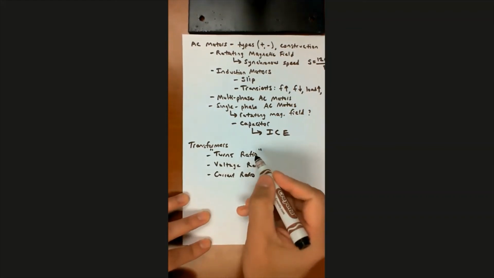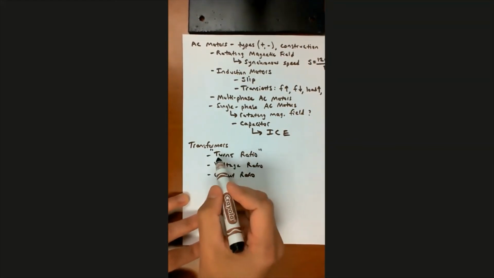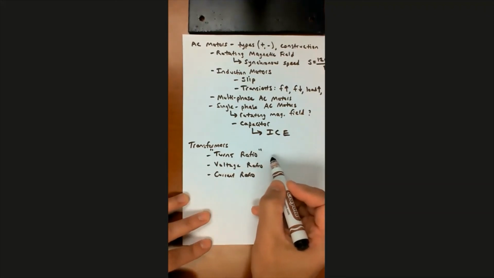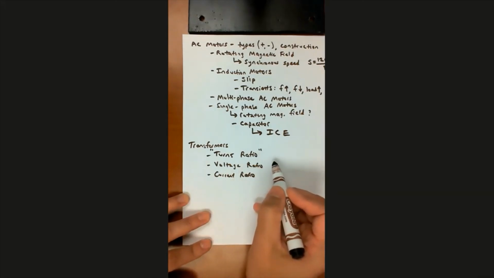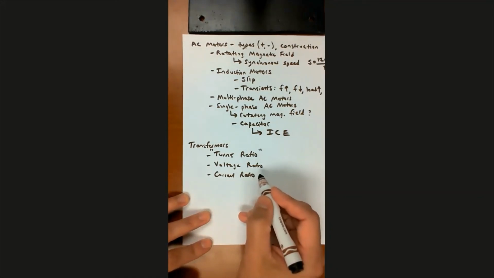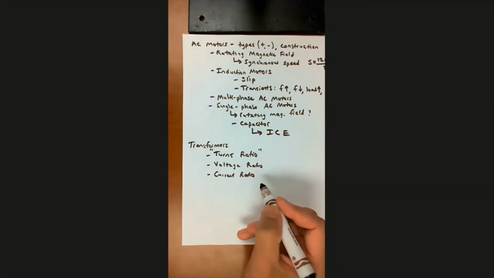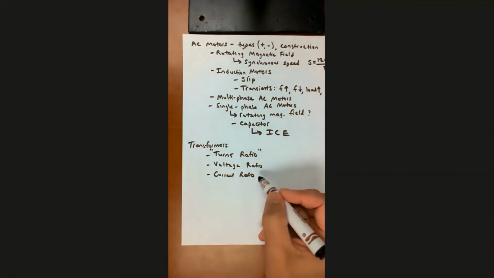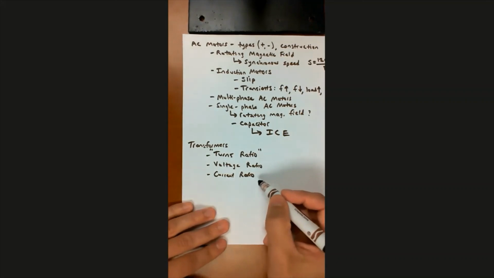And just remember, when I set these equal to each other, the turns ratio is N sub P divided by N sub S, primary divided by secondary windings. Voltage ratio is primary voltage divided by secondary voltage. Current ratio is secondary current divided by primary current. So make sure you are familiar with these equations, because you'll definitely have to use them.